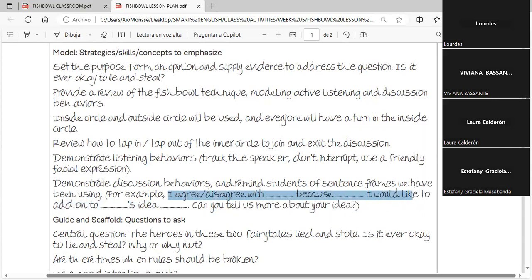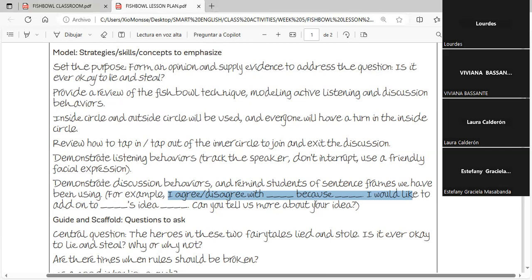This is an example. Maybe you want them to practice first conditional, because in that discussion you have them practice a kind of grammar. In this part, the students have to practice agree or disagree when they are giving their opinions.